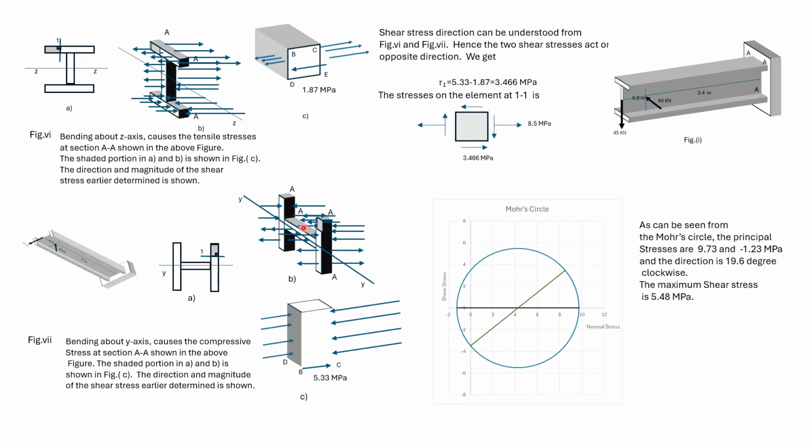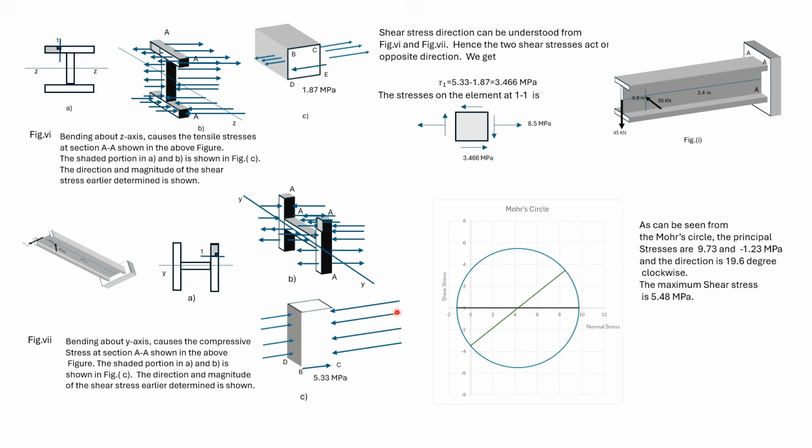The stresses on both sides are compressive. The magnitude of the compressive stresses on the right side will be larger than the magnitude of the compressive stresses on the left side. This portion has been shown here isolated.